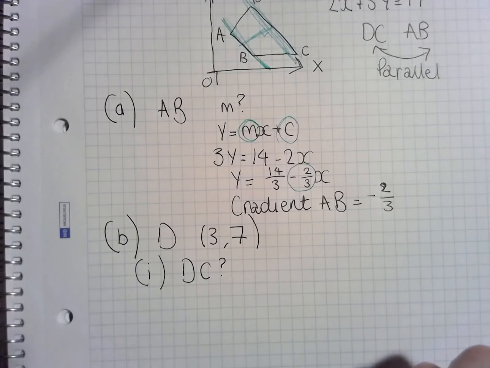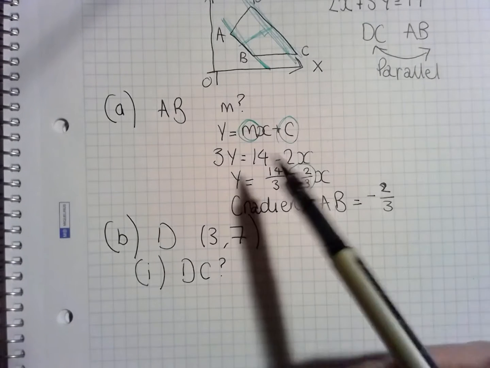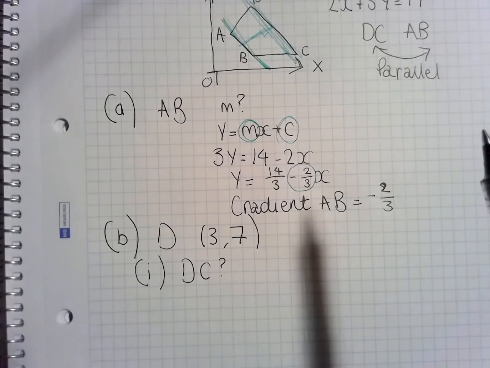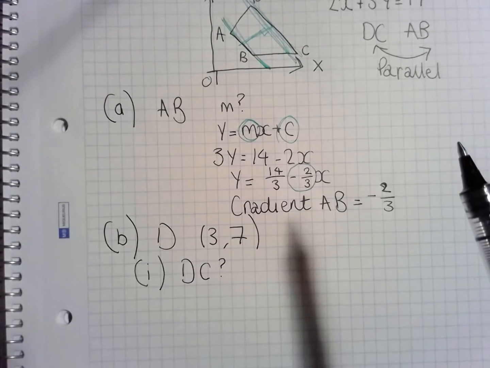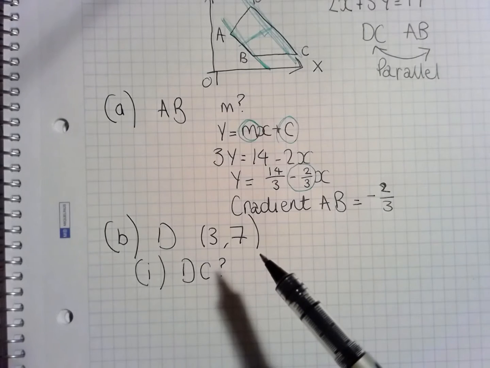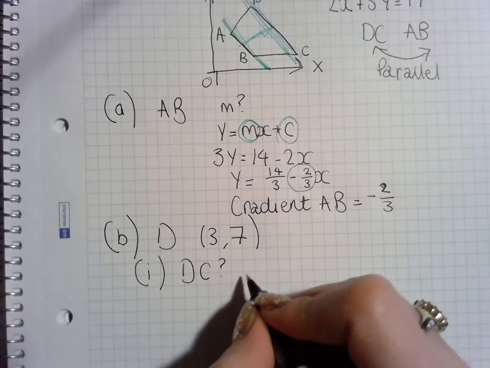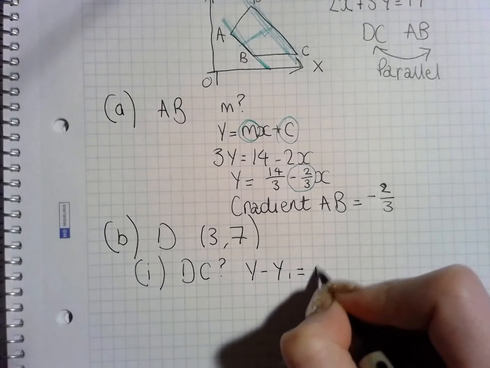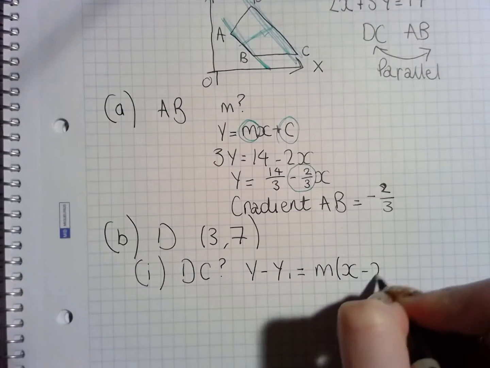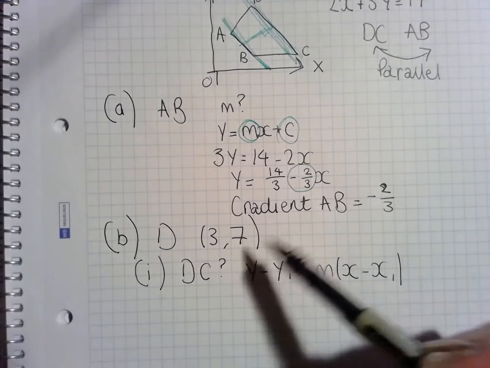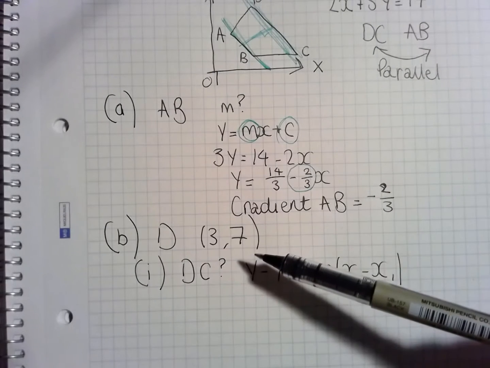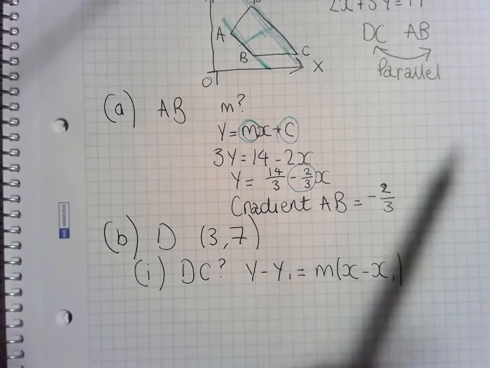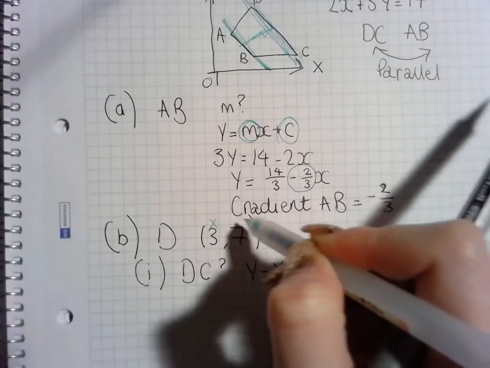This question is testing whether you know how to use the formula y minus y1 equals m(x minus x1). That's literally all it's testing, because we have the coordinates of D. This is x and this is y.